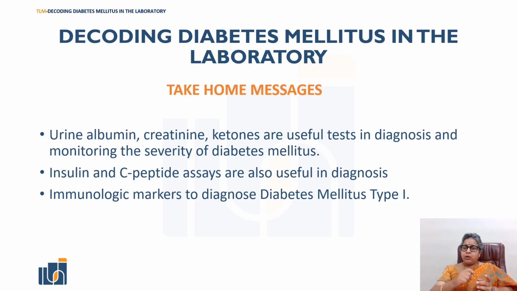Then we have insulin and C-peptide, which are useful in the diagnosis, especially of diabetes mellitus type 1, where their base values are very useful to know. To further strengthen the diagnosis of diabetes mellitus type 1, we have immunological markers because diabetes mellitus type 1 is an autoimmune disorder, and the most commonly used immunological marker is GAD antibody.